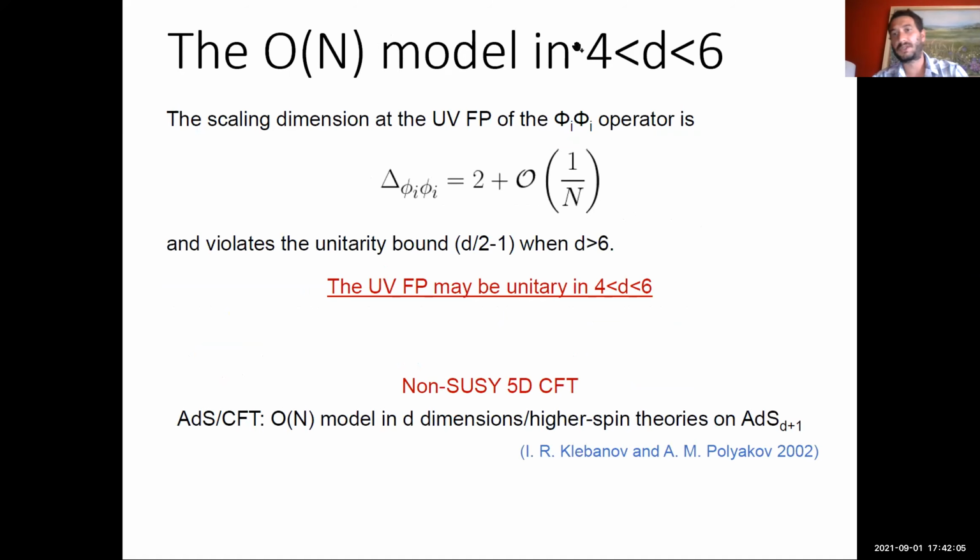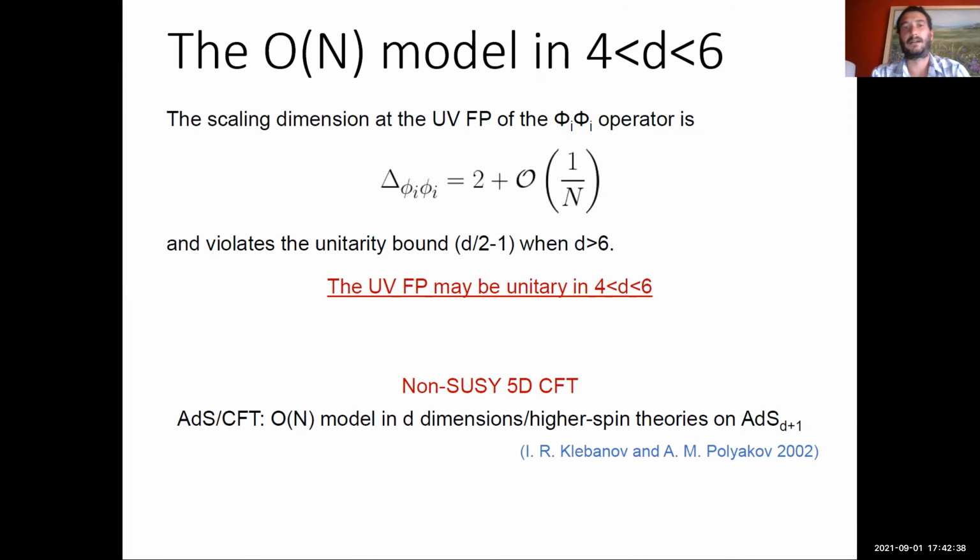So we focus on the range between 4 and 6 dimensions, where this fixed point may be unitary. We stop at 6 dimensions because the scaling dimension of the φ^i operator is 2 plus an order 1/N correction in every d, so above 6 dimensions it violates the unitarity bound.